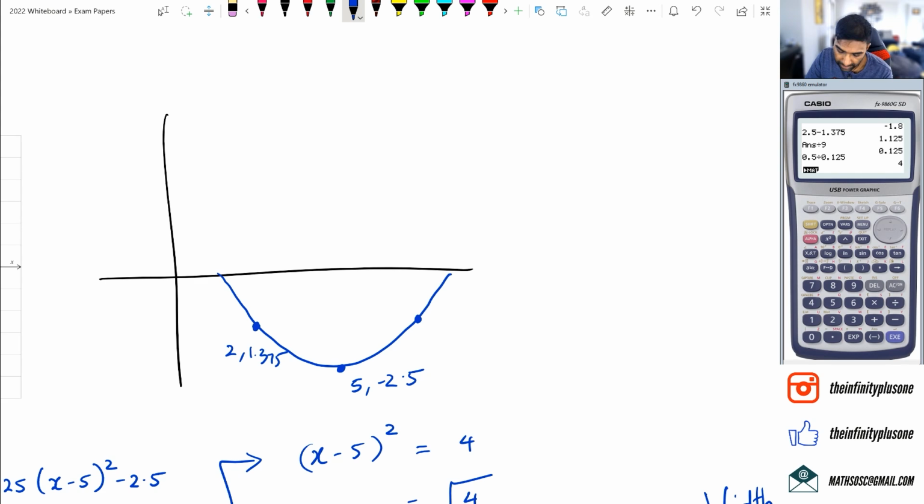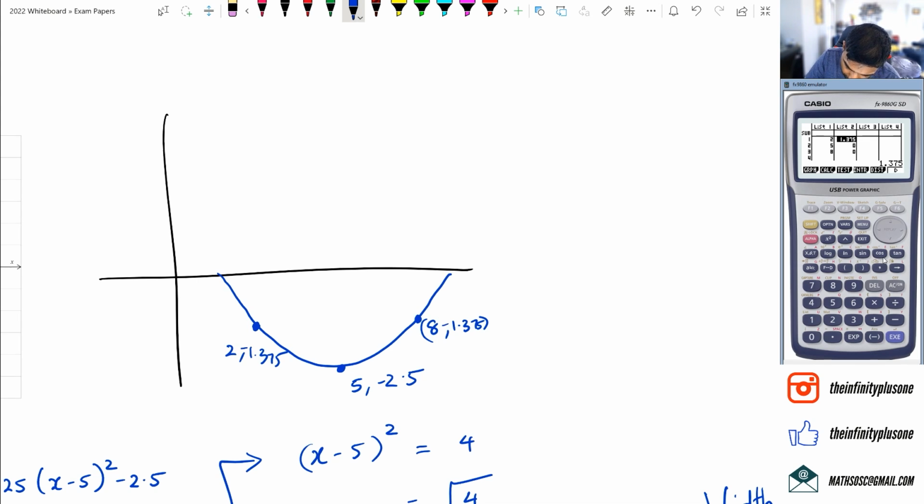Symmetry-wise, I could also say that this point here is going to be 8, 1.375. So those are my 3 points that I need to work out the equation in a graphics calculator. So I've got 2, 5, and 8, 1.375. Oh, that should be minus. Sorry, I just realized.